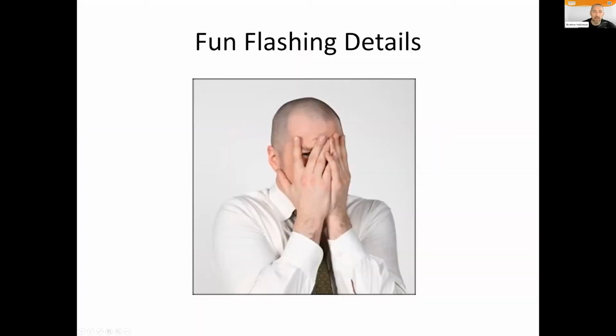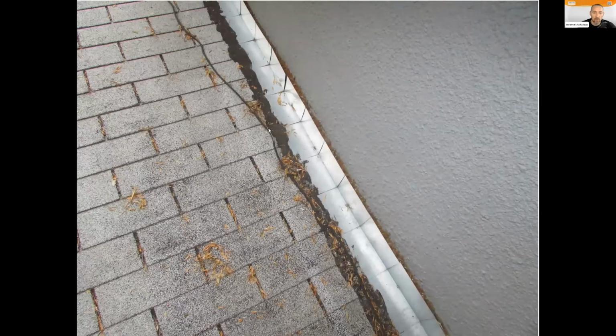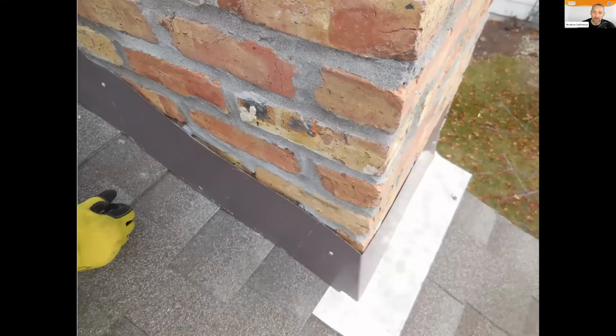Just a few more fun flashing details. I hope you appreciate these. This is roofing tar, and this is great stuff, or expanding foam behind it. And so this is flashing on the outside of a wall instead of behind the stucco and the shingles. This is not flashing. This is coil stock, aluminum coil stock, wrapped around the chimney to give the appearance of counter flashing.